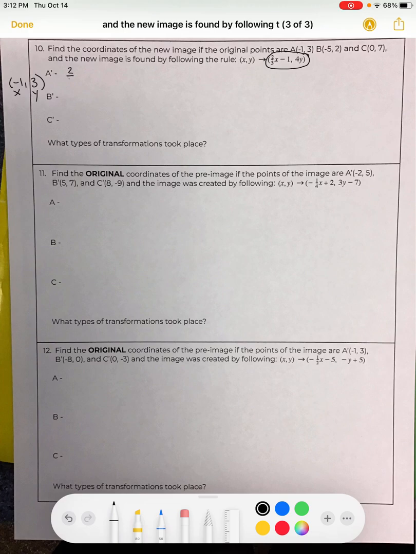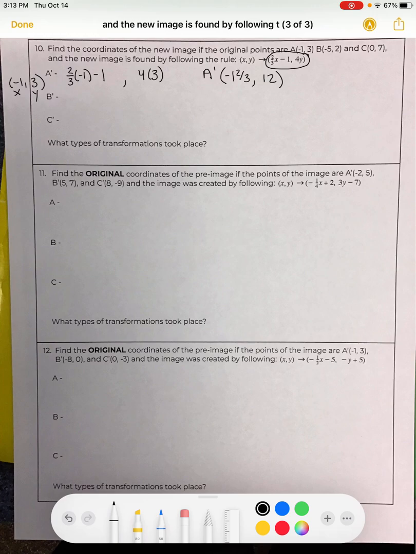So for instance, if I took 2/3 times -1 minus 1, so I'm plugging in for the x, and then I also need to plug it in for y, so 4 times 3. So this answer, the new a value, this is -2/3 minus 1, that's -1 2/3, comma, because this is the y value, this would be 12.